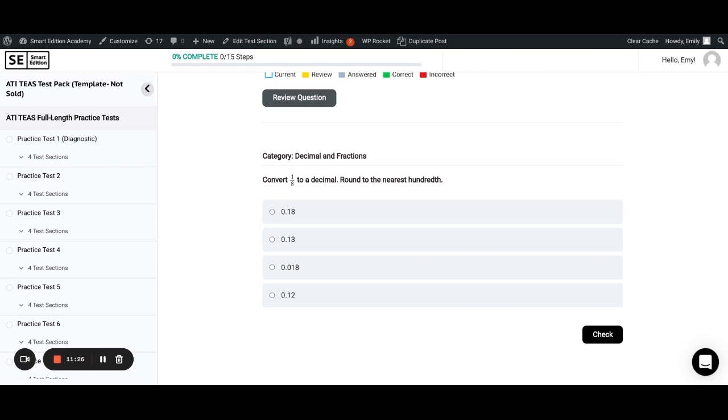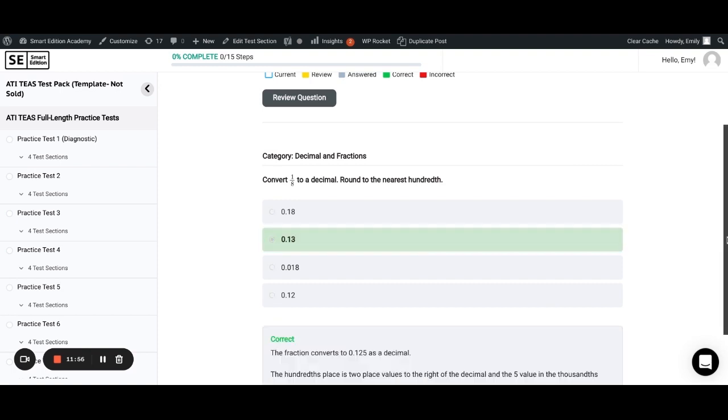Number 8, this is decimals and fractions. So this would go under the numbers and algebra category. The question is asking, convert 1/8 to a decimal and then round to the nearest hundredth. Okay, the correct answer is B, 0.13.